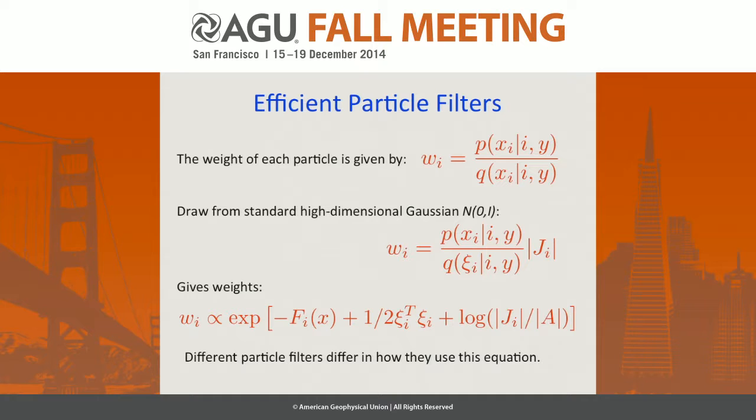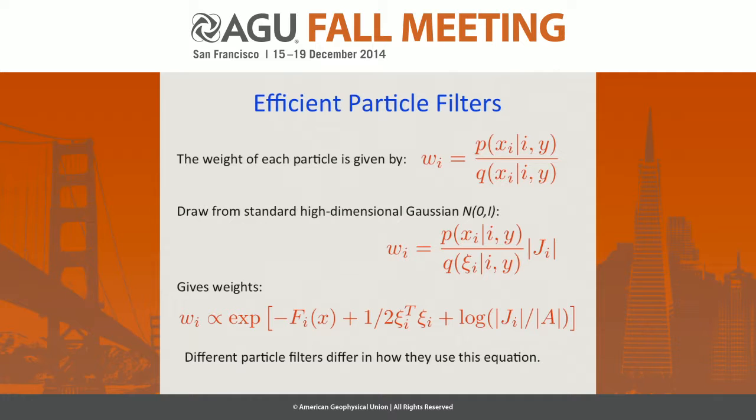We can write the posterior density always as the exponent of minus f. So the f is from the posterior PDF, and these two terms are from the proposal density. One is the Gaussian term, and the other one is from the Jacobian. And A is a matrix to ensure that we do the dimensions right.